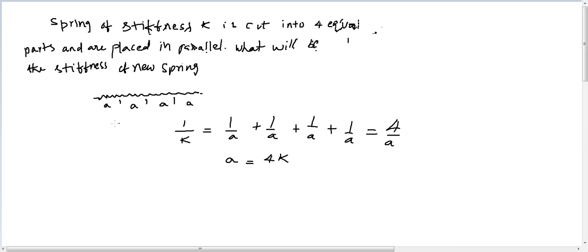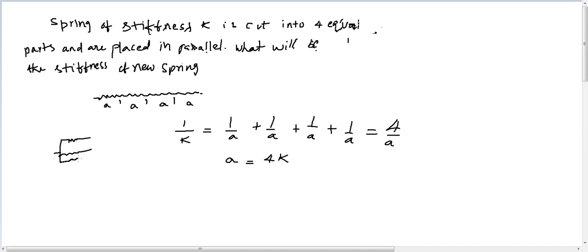So we can say that the stiffness of the spring is increased by 4 times by reducing the length by 4 times. Now each small spring is connected in parallel, he is saying.